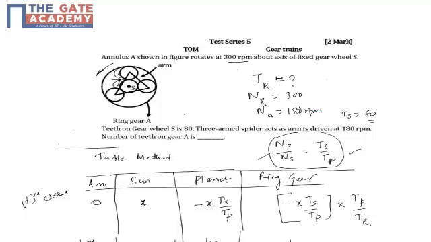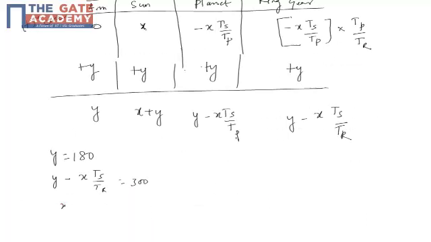The fixed gear wheel s, so that means the sun gear is fixed. That is another piece of information: the sun gear is fixed, so x plus y is 0. Combining these two, when y is 180 and x plus y is 0 because the sun gear is fixed, x will be minus 180.